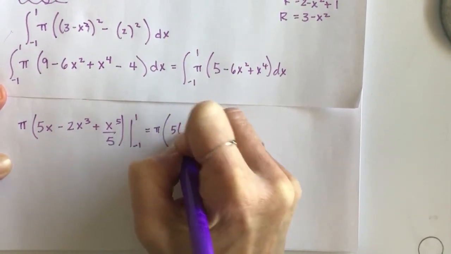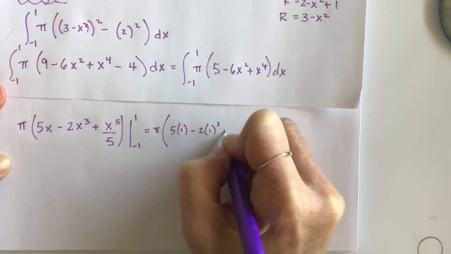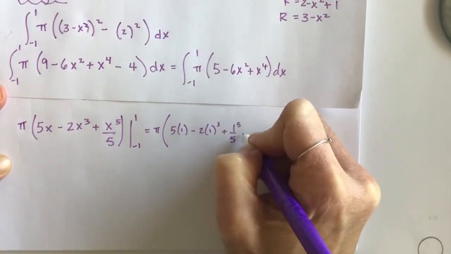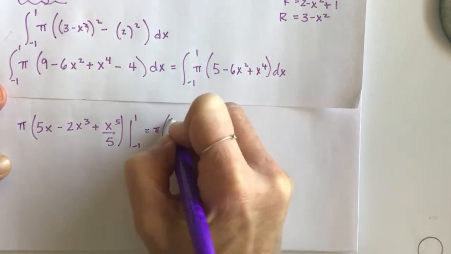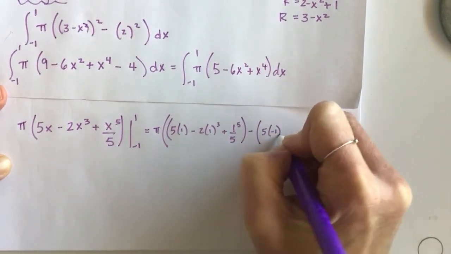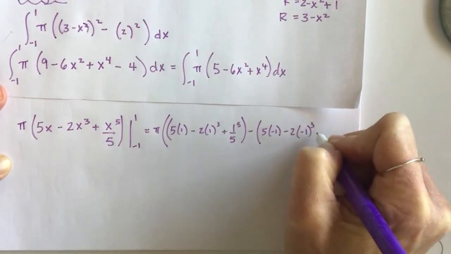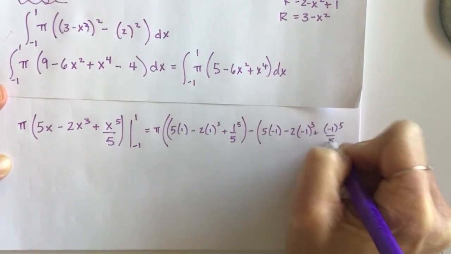So 5 times 1 minus 2 times 1 cubed plus 1/5. And then minus 5 times the negative 1 minus 2 times the negative 1 cubed plus a negative 1 to the 5th over 5.